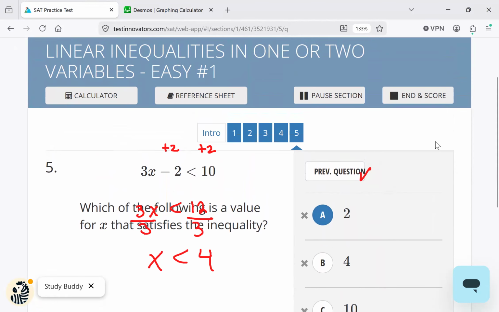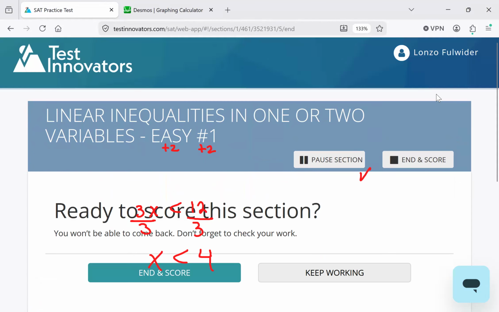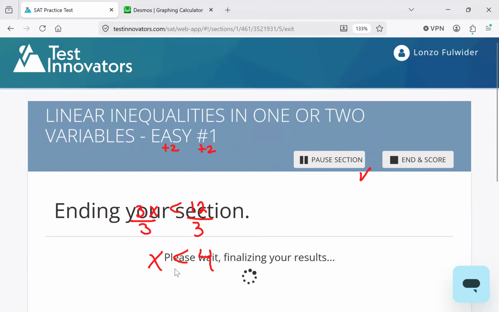Okay, so that's the first part, and then score. Let me just see my results real quick.